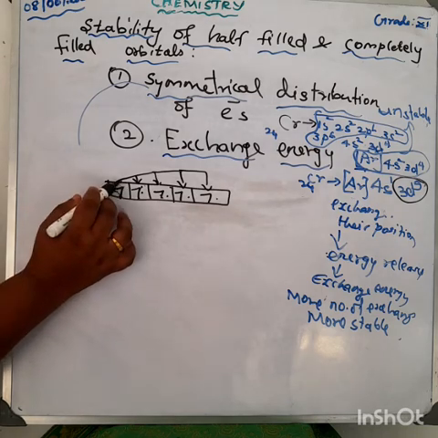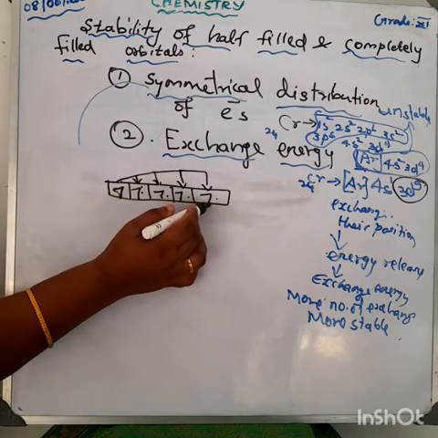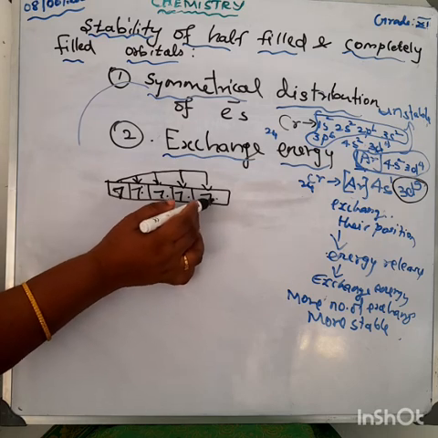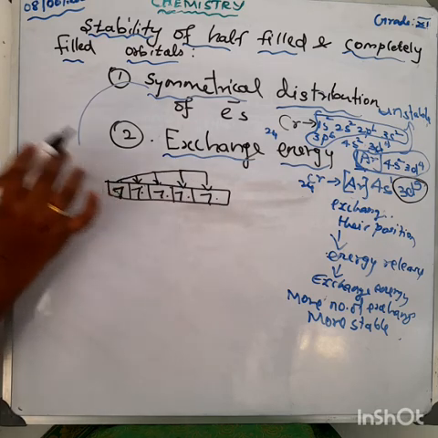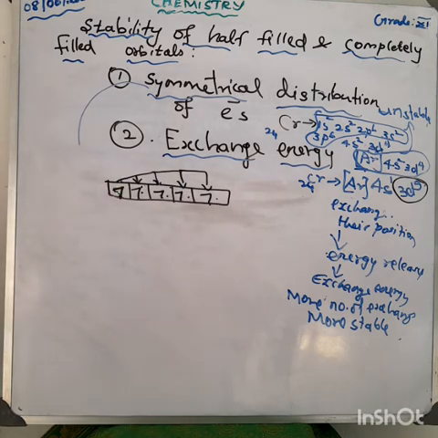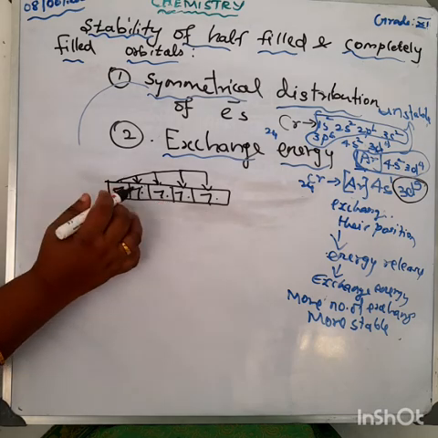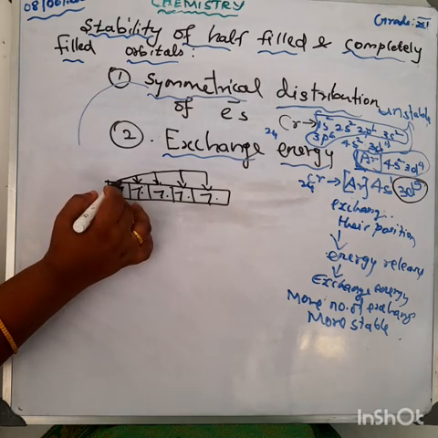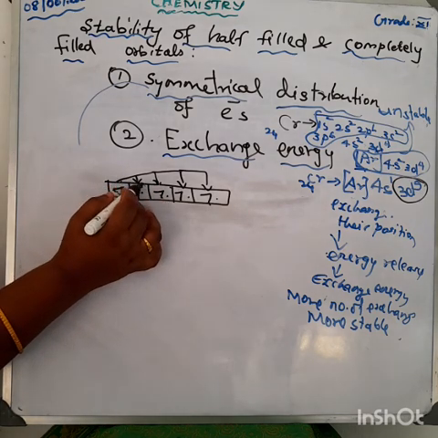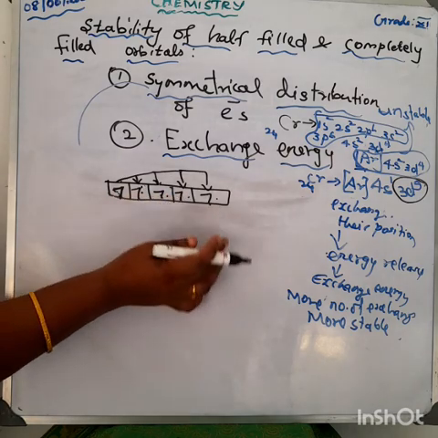Suppose it exchanges with the fifth orbital, the fifth orbital's electron will come to the first orbital's place. Understood? This is the exchange. When exchanging positions, energy is released by the electrons.